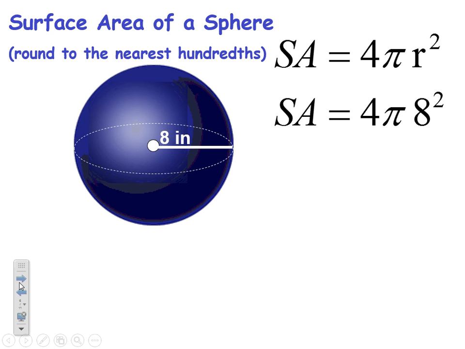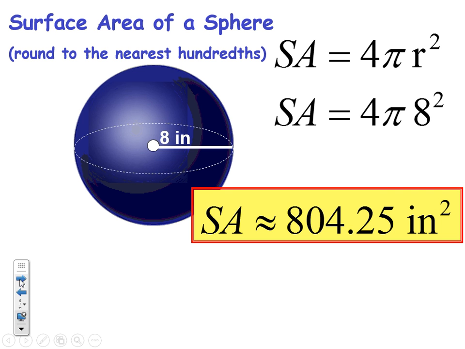Now, from this point, ladies and gentlemen, we're just going to type this all into our calculator. And when we get this, and we're going to round, the surface area is going to be approximately 804.25 inches squared. Now, remember, we're going back to inches squared because we're talking about surface area.